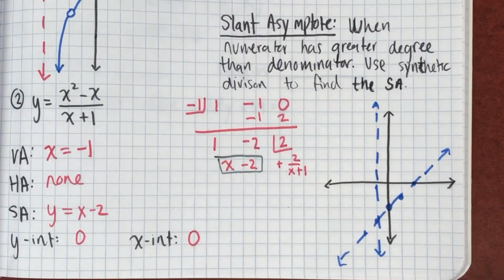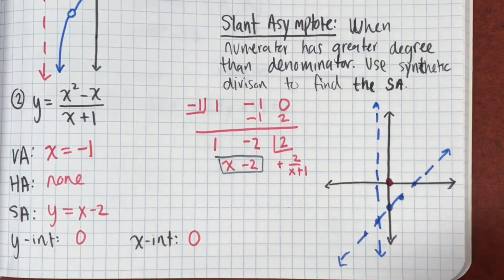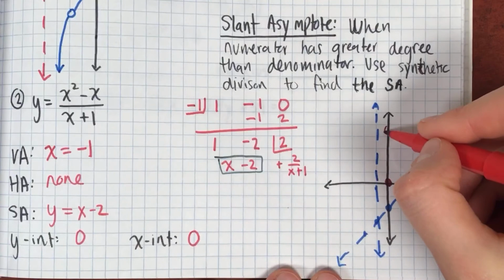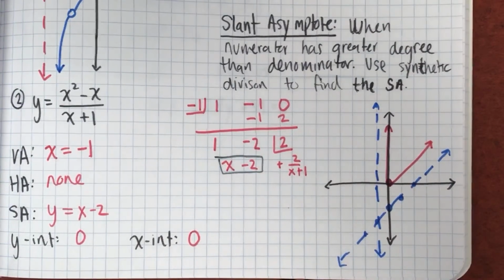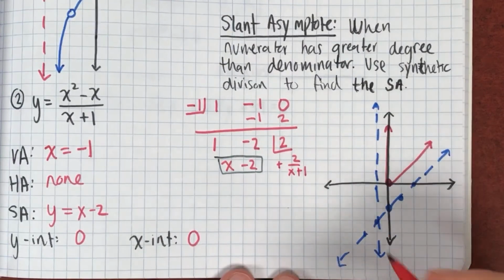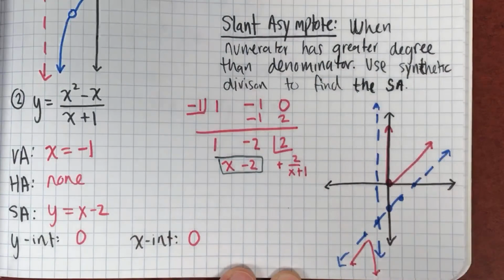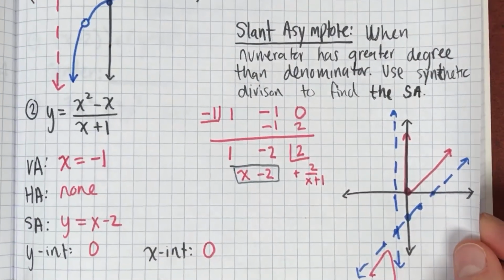Then I can graph my function. I see that I've got my x and y intercepts at 0, 0. We can graph our function here, and then our other branch will be down here at the bottom. All right, and that's how to graph with a slant asymptote.